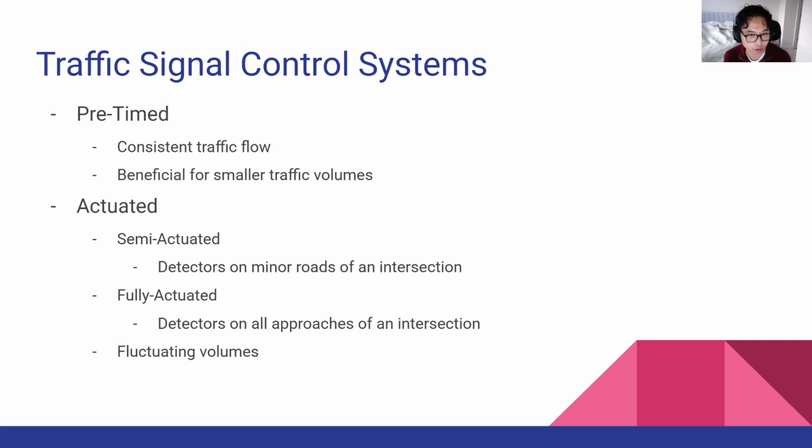for traffic signal control systems, I'm going to go over two of the main ones that are used currently, and they are the pre-timed and actuated. So what pre-timed basically is, green time and the splits for all approaches at the intersections are fixed.